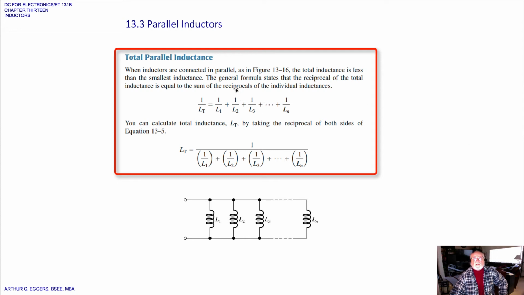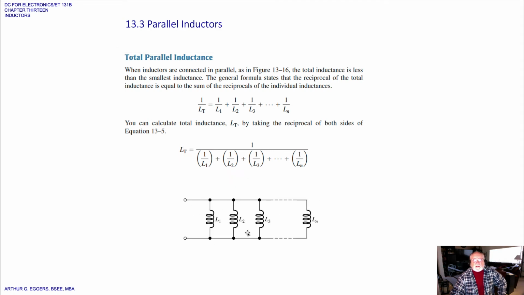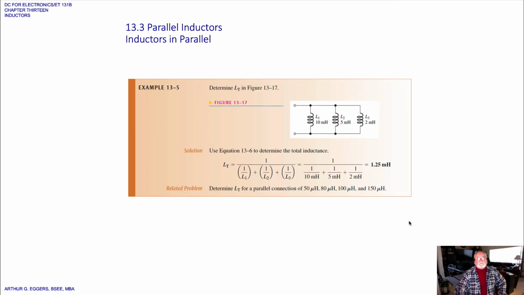The general formula states that the reciprocal of the total inductance is equal to the sum of the reciprocals of the individual inductances. So we calculate it just like we do with resistors in parallel. We sum all of the reciprocals in the denominator, flip it one more time, and we get our total inductance. Just like resistors in parallel, we have inductors in parallel.